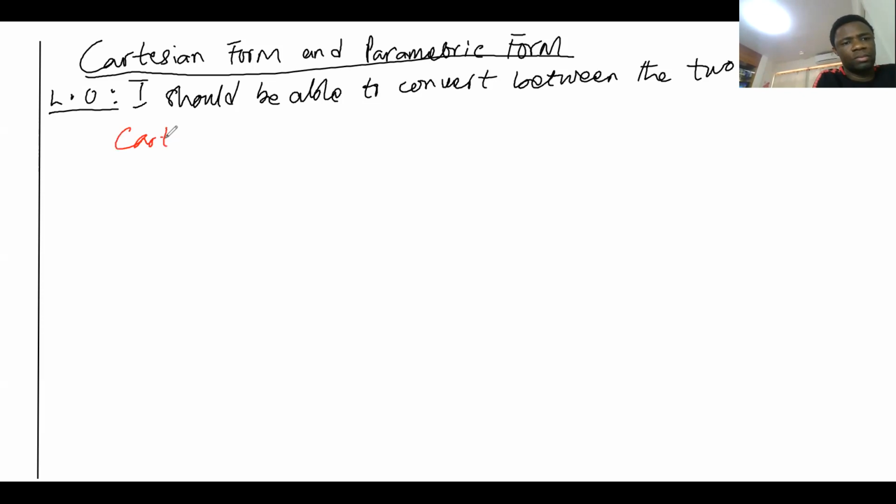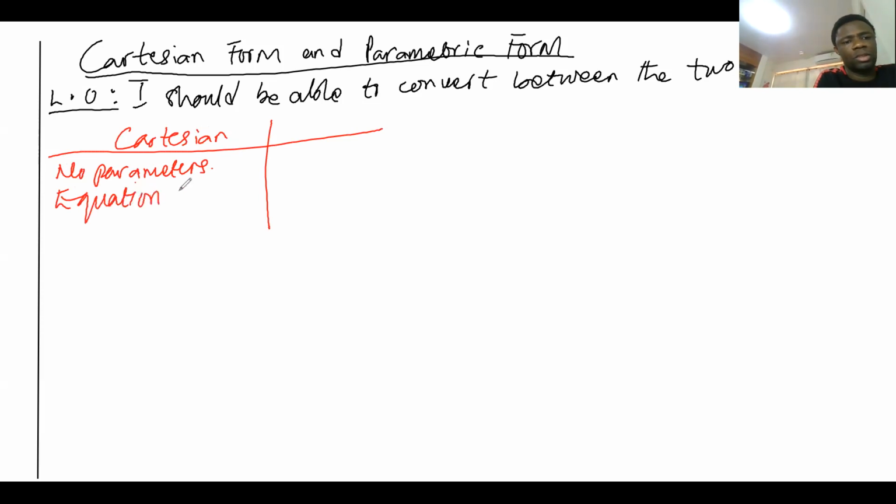Cartesian: no parameters, an equation of x, y, and z in some cases, if you have a 3D equation.